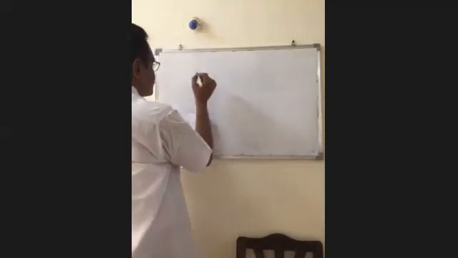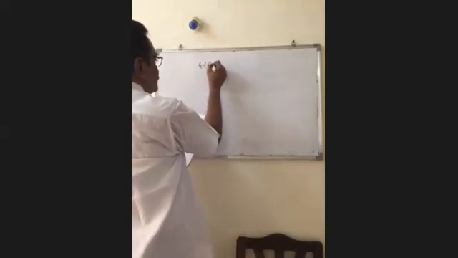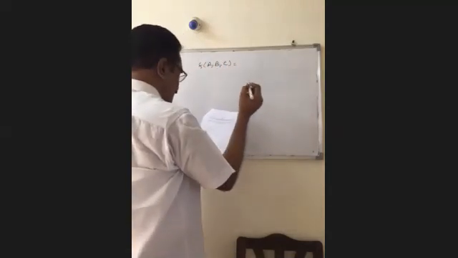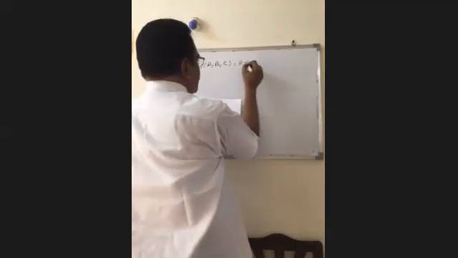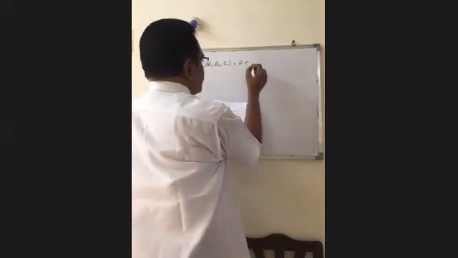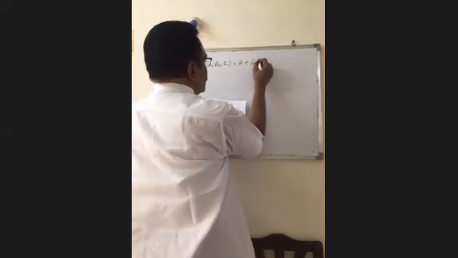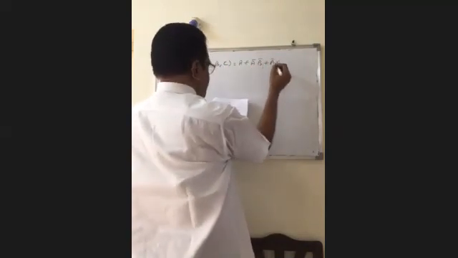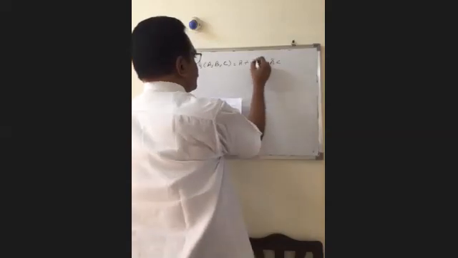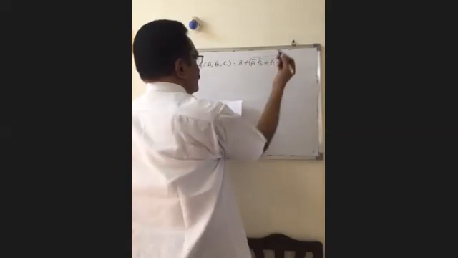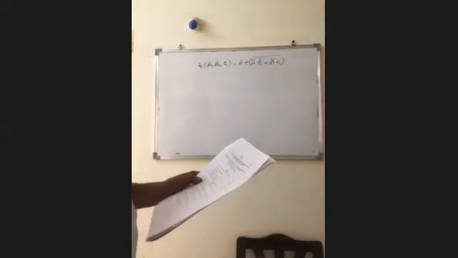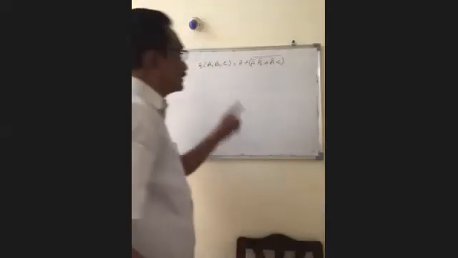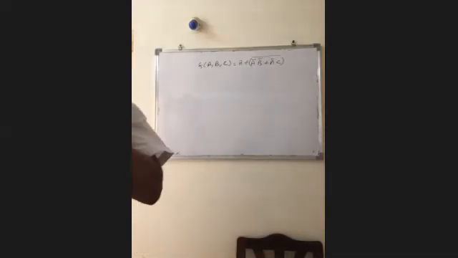The given expression is f of ABC equal to A plus A bar B bar plus A bar C bar, whole bar. Convert that one into canonical SOP form.